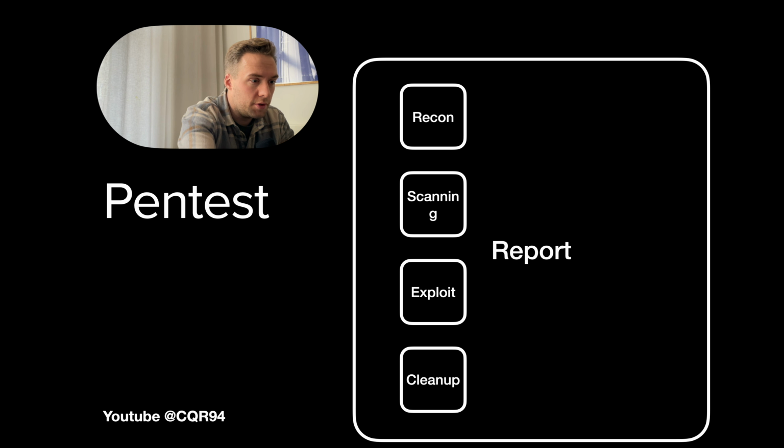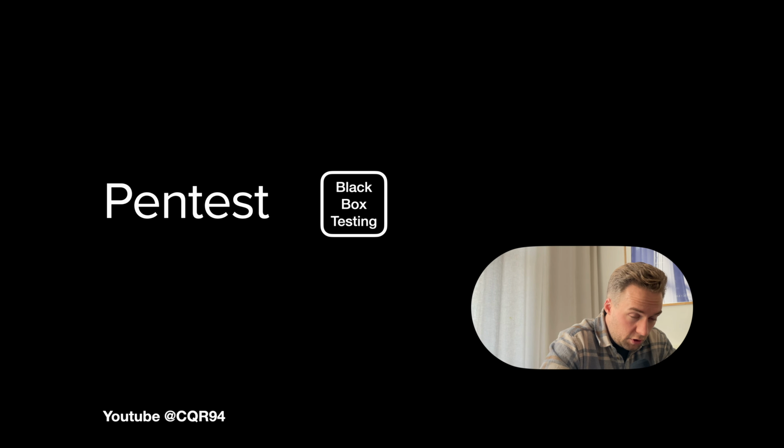Besides doing the code review and pen testing, they can also do more outside-the-box work. They will go in and try to get through your systems. We consider both knowing the code we have, and also the last part, where they don't know anything but just gather recon information, and then exploit and clean up. This is called black box testing, where they don't know what's inside.